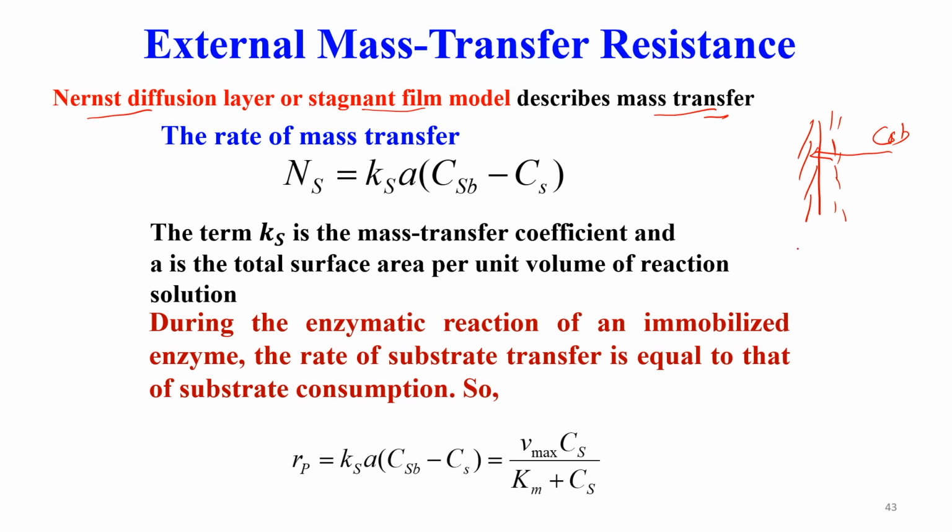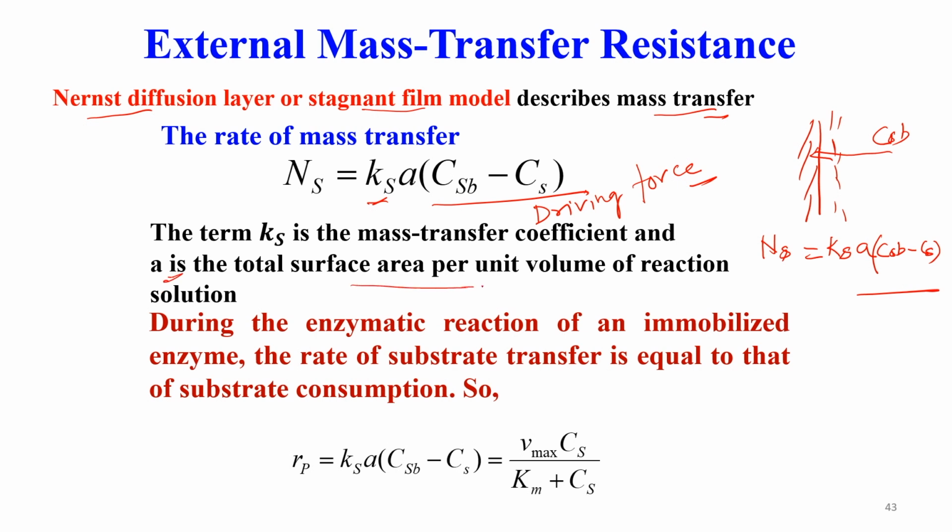So, it says the rate of mass transfer Ns equals mass transfer coefficient Ks times A, the interfacial area, times CSB minus Cs. This CSB minus Cs is the driving force, the concentration difference. Ks is the mass transfer coefficient, A is the interfacial area, the total surface area per unit volume.